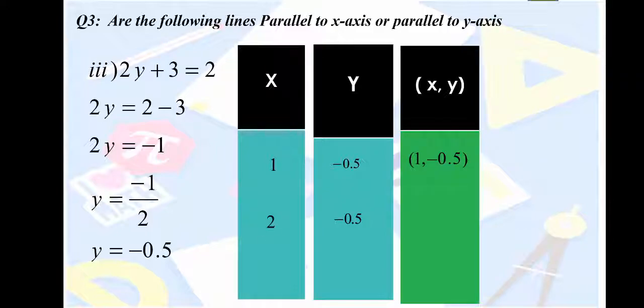So the ordered pair is 2 and minus 0.5. Third row of y is minus 0.5 and third row of x is minus 3. So the ordered pair is minus 3 and minus 0.5. So here the ordered pairs are 1 and minus 0.5, 2 and minus 0.5, minus 3 and minus 0.5.